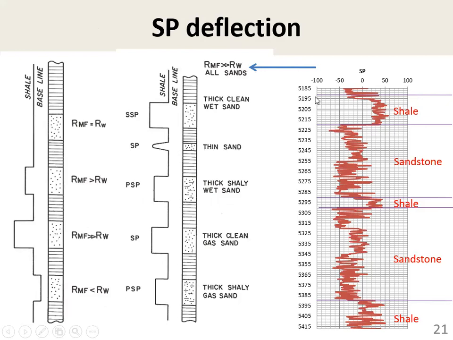It trends to the left, that is decreasing shale content, and that is why you have this being identified as sandstone. Of course, it's not clean in this presentation. And then shale, so this is a shale sandstone sequence. And here, in blocky forms, this is the presentation with respect to the mud filtrate as compared to the connate water resistivity.